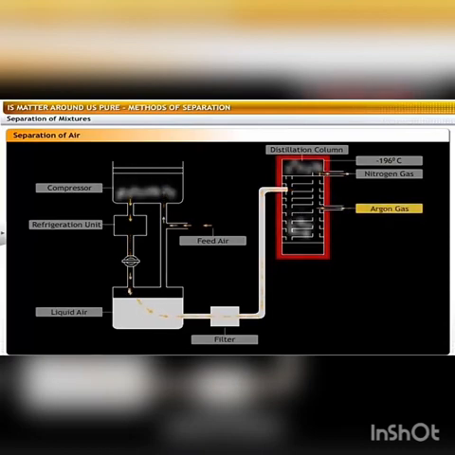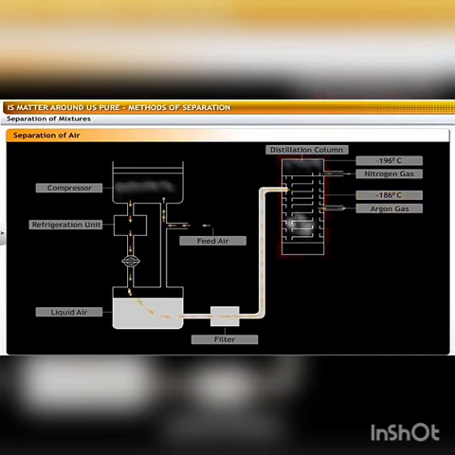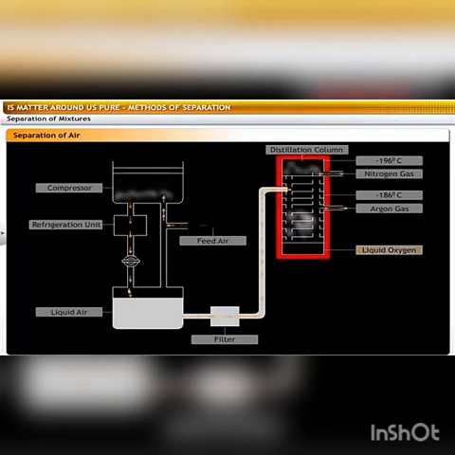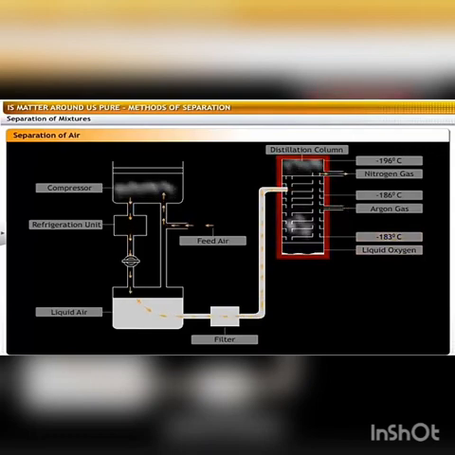Liquid argon has a slightly higher boiling point of minus 186 degrees centigrade, so it boils next. It collects as argon gas in the central part of the fractional distillation column. Liquid oxygen has the highest boiling point of minus 183 degrees centigrade.